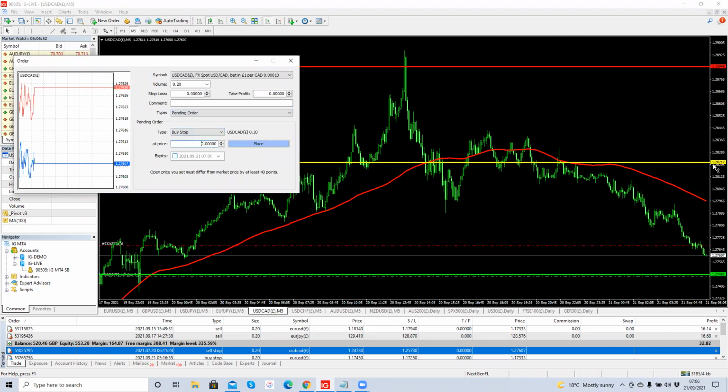So the pivot point you can see is 1.28217. So I'll round that up to 1.2822. And then 2 pips above that will be 1.2824. And a 20 pip stop loss will be 1.2804. And a 60 pips profit limit will be 1.2884.